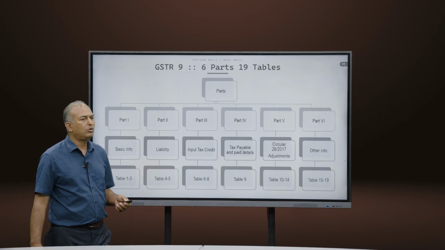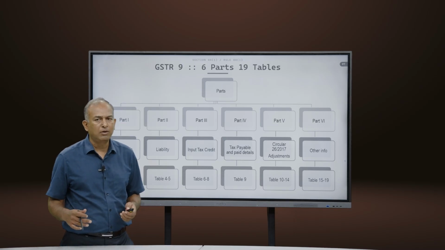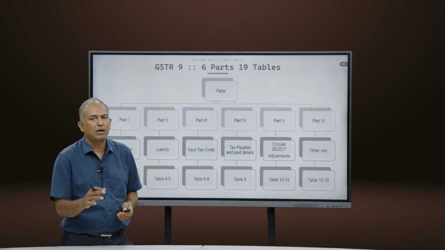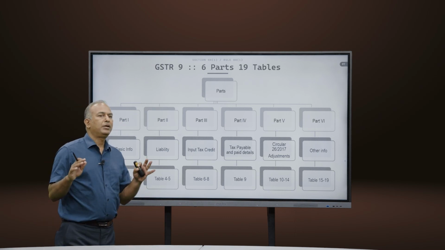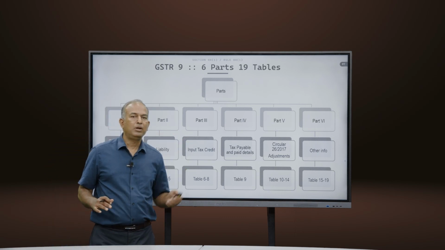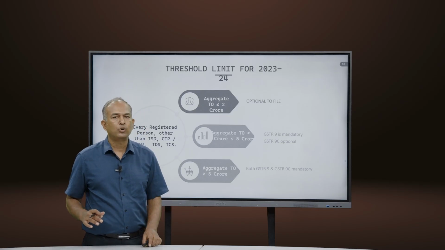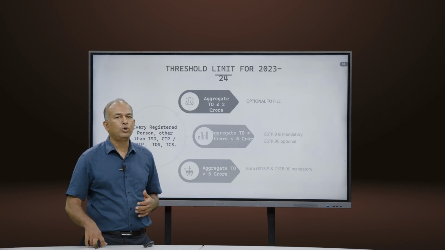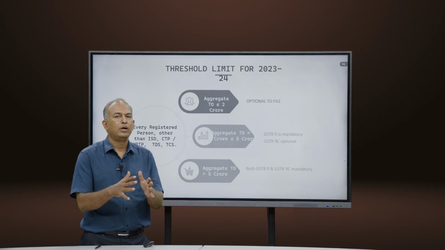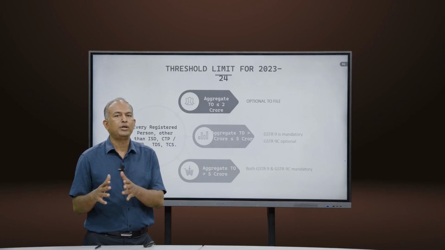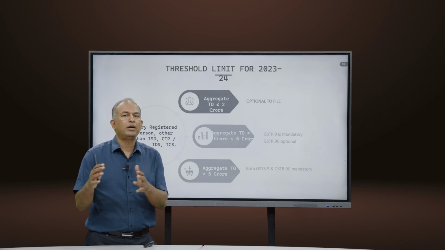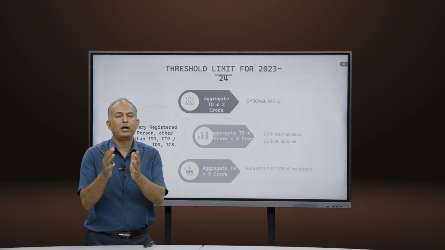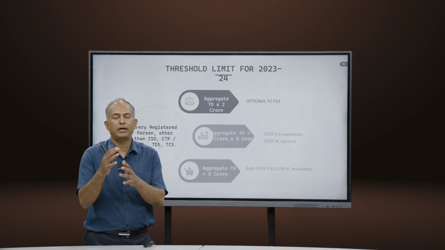Now, this is where I want to do this. I'll use the board also to tell you the tables as to where the data flows. The GSTR 9 has 6 parts. Even if I were not to show you the slide, if I told you that it sums up the data from the GSTR 1 and the GSTR 3B and is divided into 6 parts, what are the parts that constitute these 6 parts?